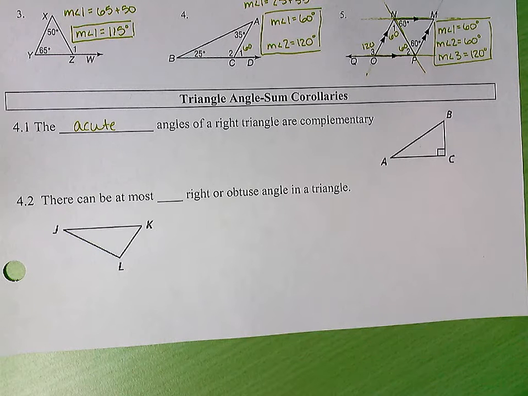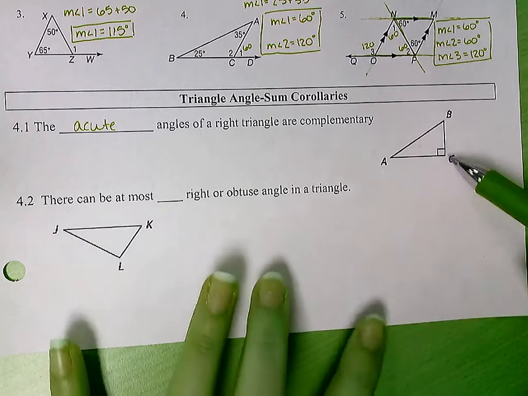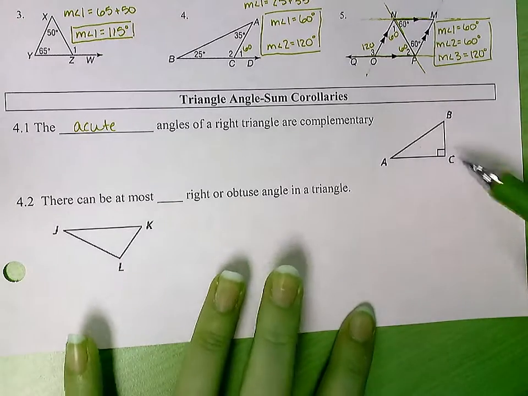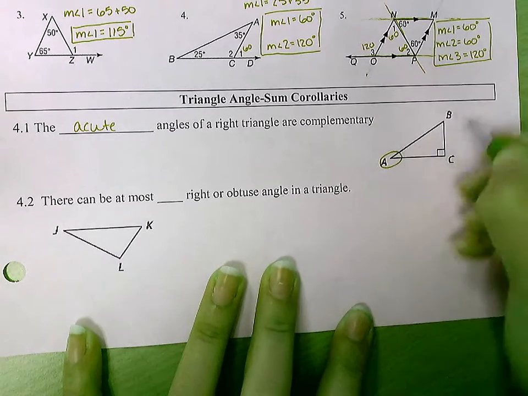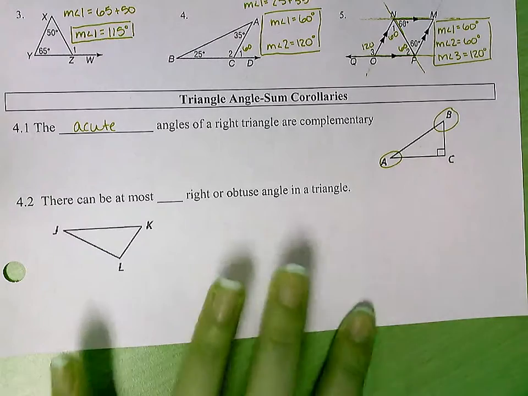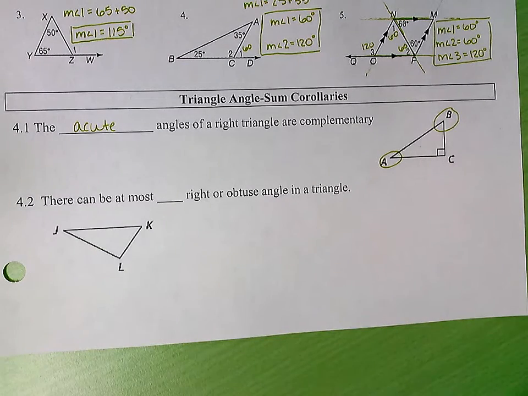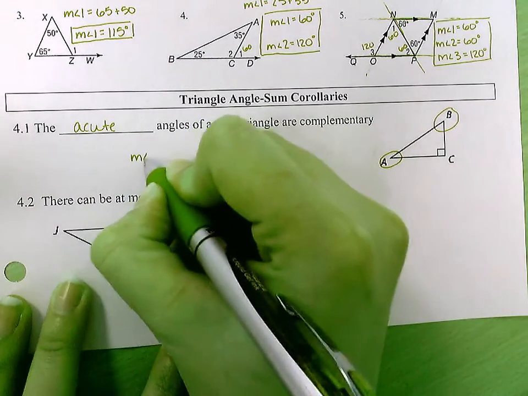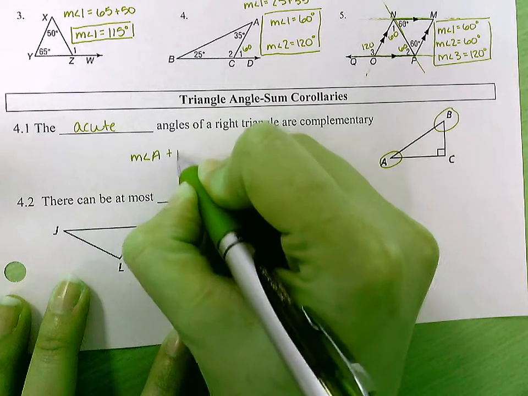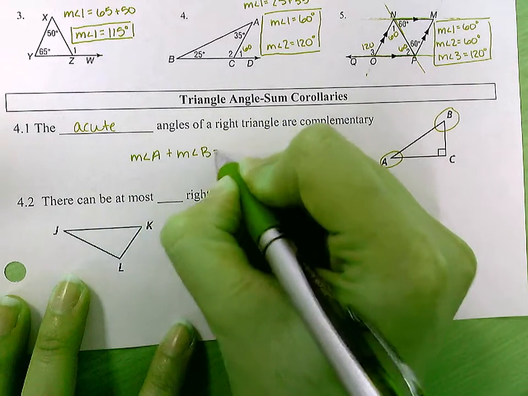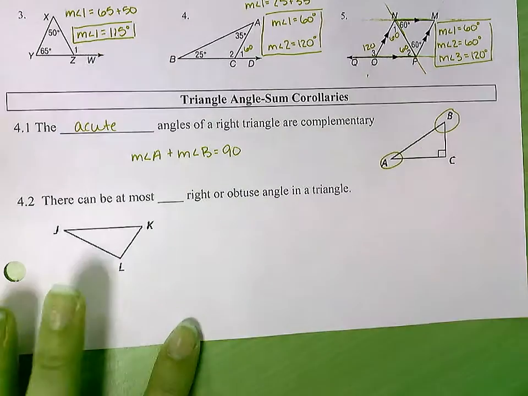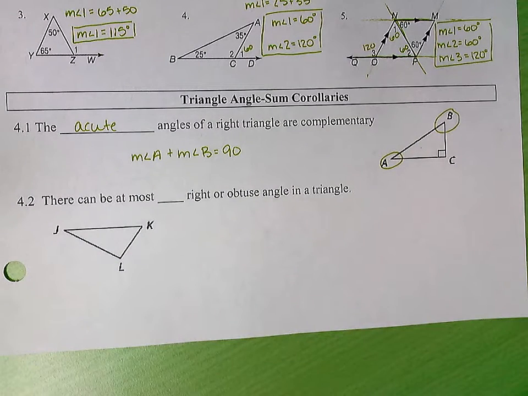Complementary angles add together, they equal 90. So if you have a right triangle, your acute angles of that right triangle, so A and B, equal 90. So I can add the measure of angle A plus the measure of angle B, and they should equal 90.